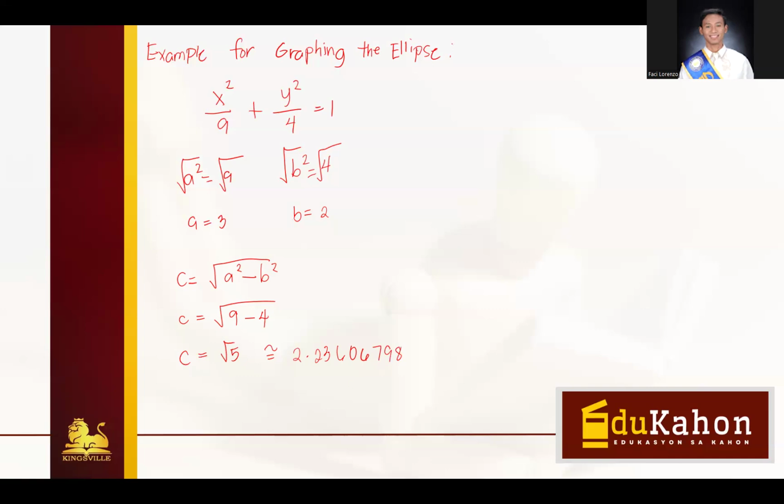And if we round to two decimal places, we will have 2.24. So this will be the value of c, meaning this is the distance from the center of the ellipse to the foci. Now let's graph your ellipse. Let's draw a Cartesian plane.